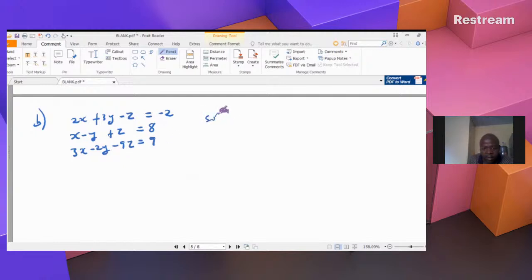And the answer to this is 4, negative 3, and 1.